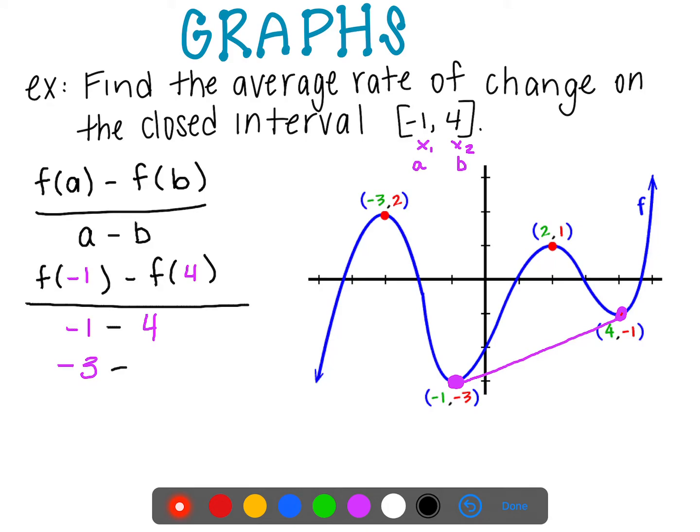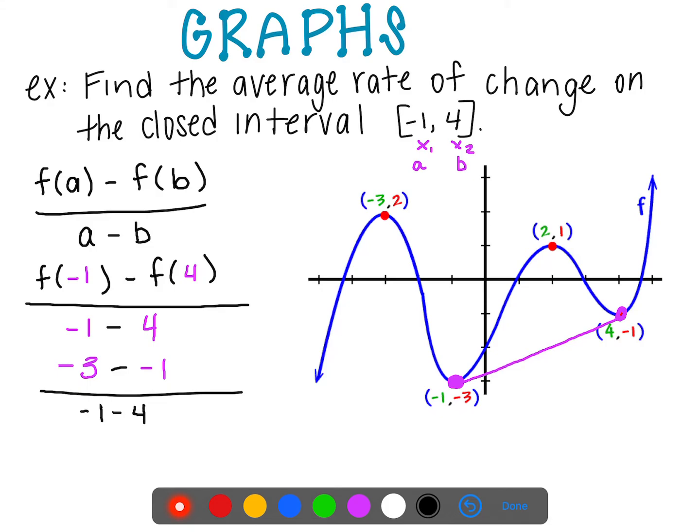Minus, now I also have to find f of 4. F of 4 is -1, because that's my y value when x is 4. So I plug in -1, over my denominator, which is going to stay the same, -1 minus 4. And then at this point, I'm just going to simplify because now I just have numbers.